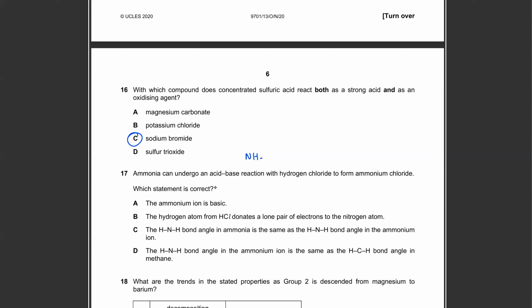It's ammonia reacting with HCl. Is it the last one? Yeah, this is tetrahedral, and methane is also tetrahedral. That's true.